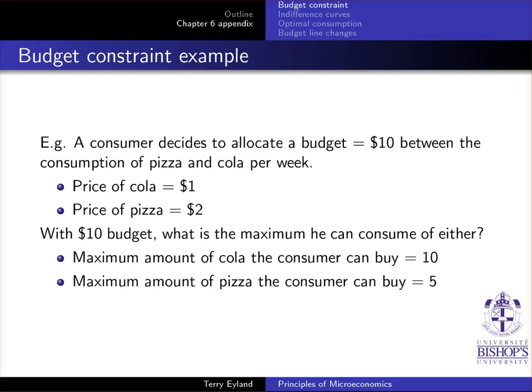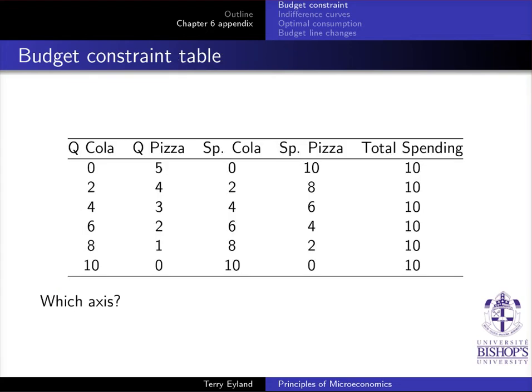Here, if we wanted to look at situations where they don't only consume pizza and cola, here are other options where we still spend the whole $10. And we'll see it's important to spend the whole $10. Otherwise, this is just to make it simple, it's the situation where if it's not spent, this could be a gift certificate or something else, this money would be lost.